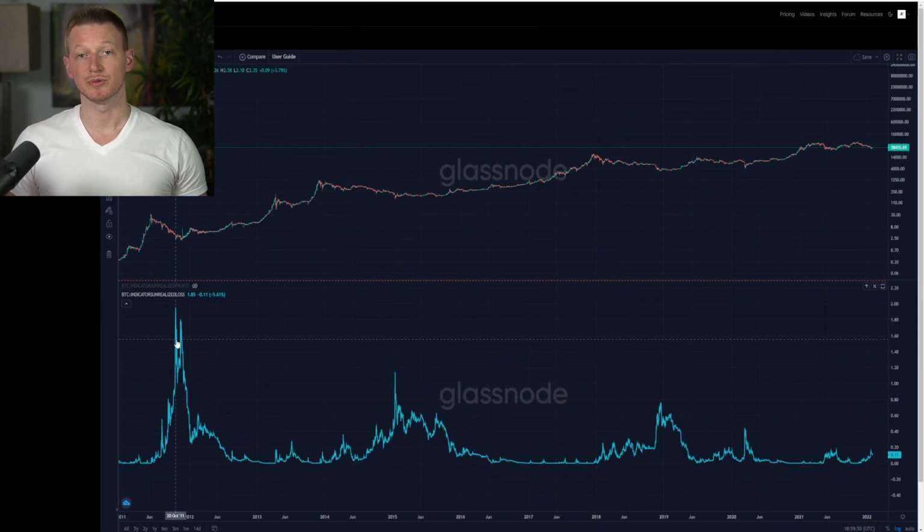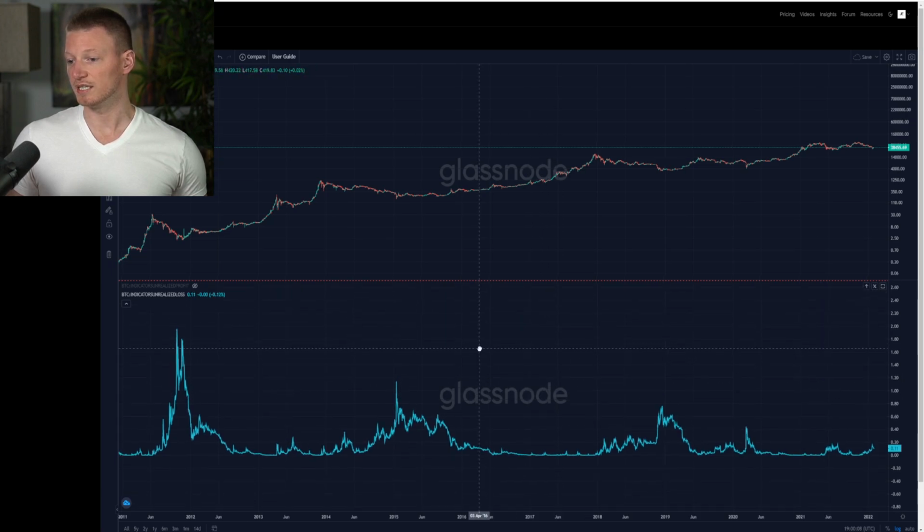Now what I want to do is show you relative unrealized loss. It's the same thing as profit, however, it's taking the sum of all the coins at a loss and dividing it by the market cap. You can see that during the worst points in the market, back in October through November of 2011, then in January of 2015, and then in late 2018, early 2019, this level spikes up.